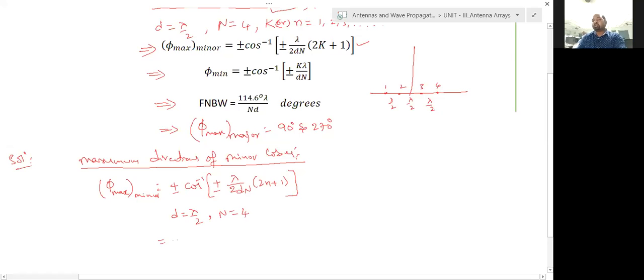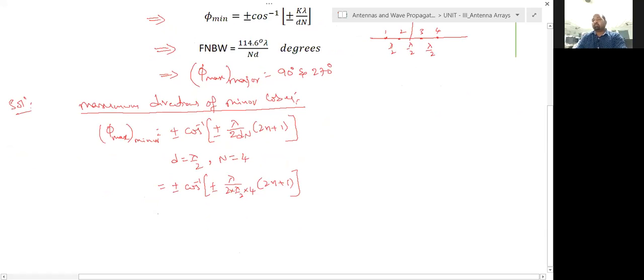Substituting these values, we get plus or minus cos inverse of plus or minus lambda by 2 into lambda by 2 into 4, times (2n plus 1).